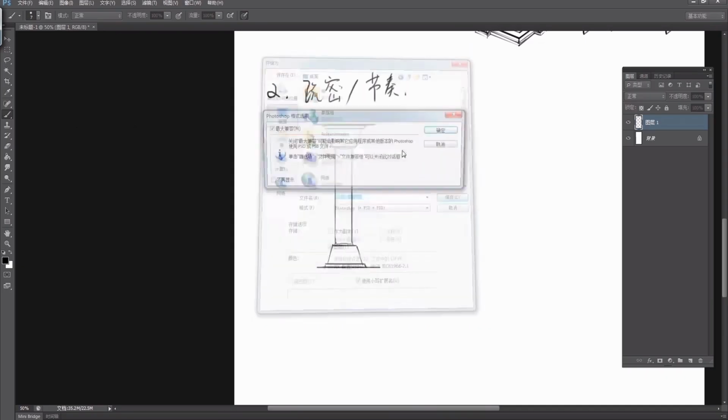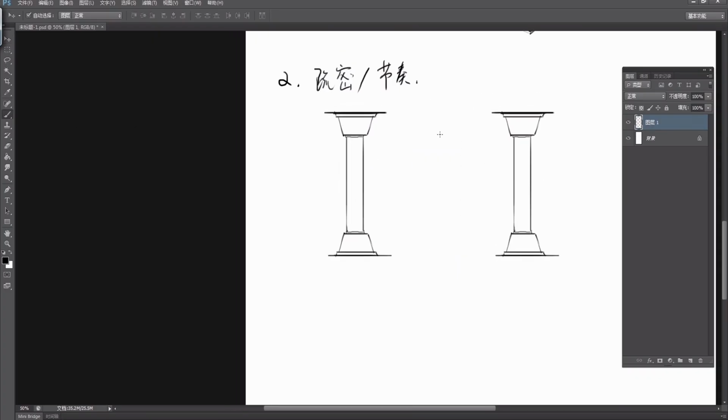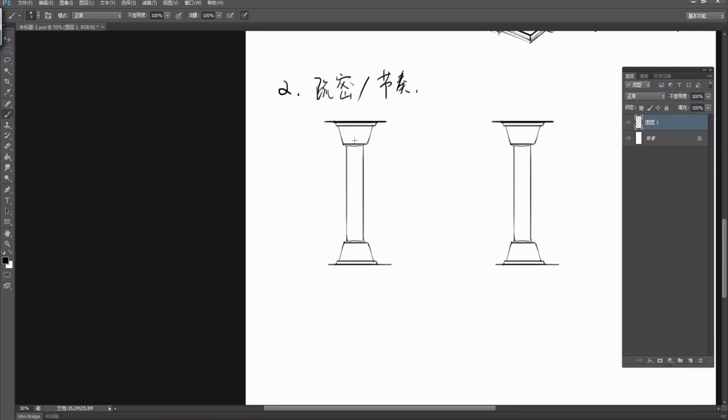Save it. Okay, similarly, I will make a round demonstration for you. That's to decorate it with patterns. And I'll continue to make these patterns decorated.